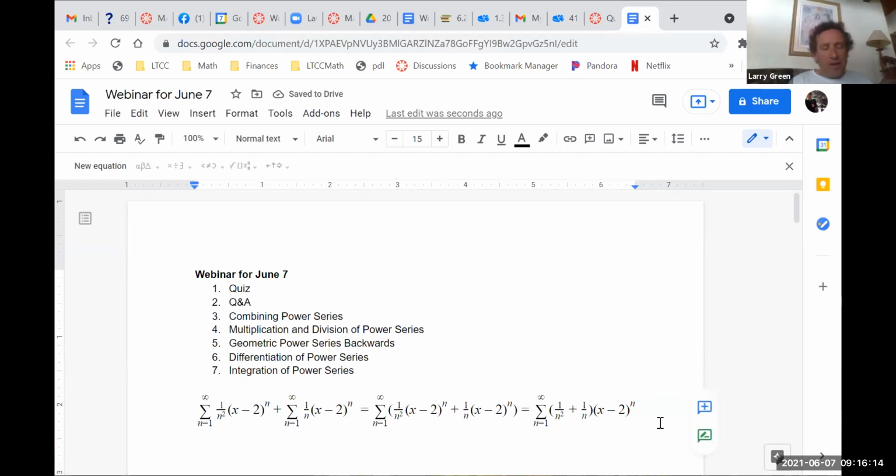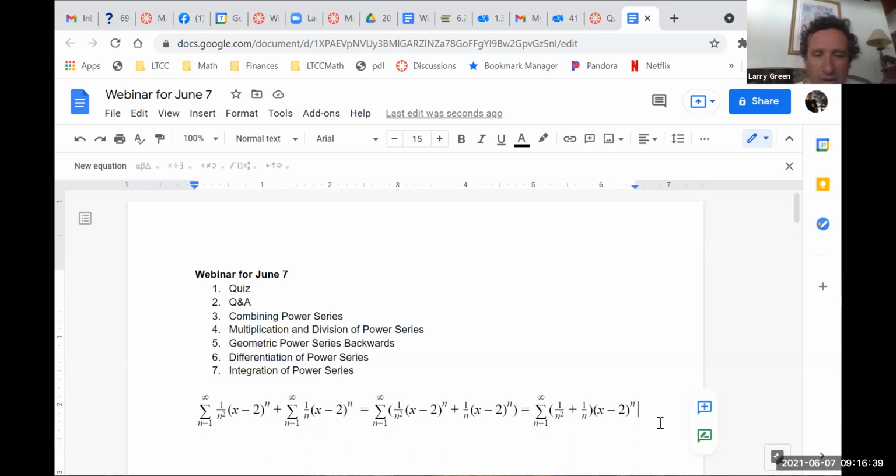Any questions at all on addition? If you felt like it, which you don't have to, you can get a common denominator and add them up. But that's not necessary. Any questions on adding these two power series?